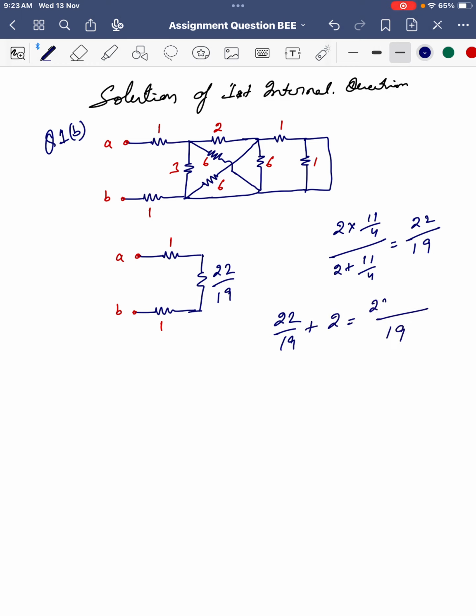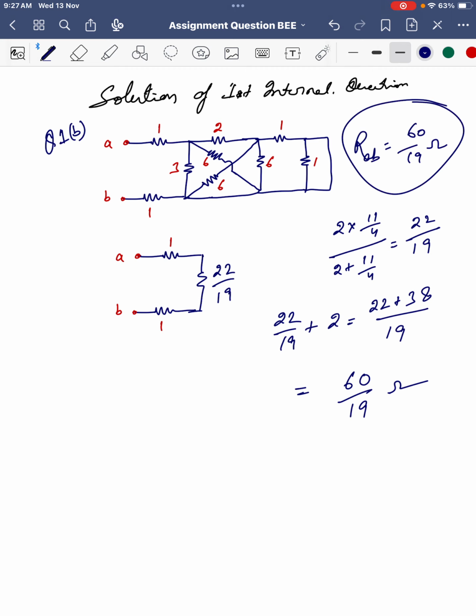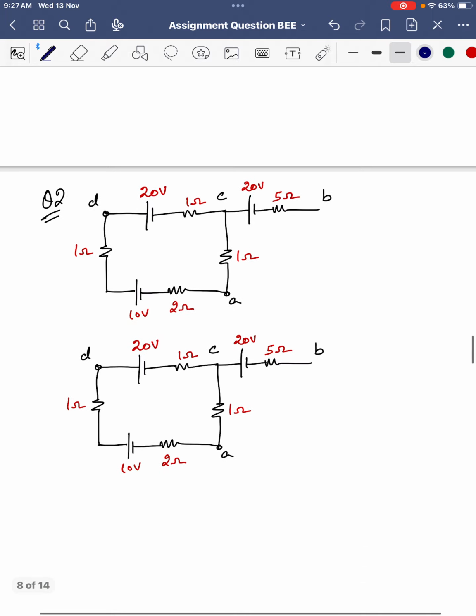So that is obviously this much, so we have 60 by 19 as the answer. That's so many ohms. And so the answer you have got, RAB is equal to 60 by 19 ohms. This is the answer.